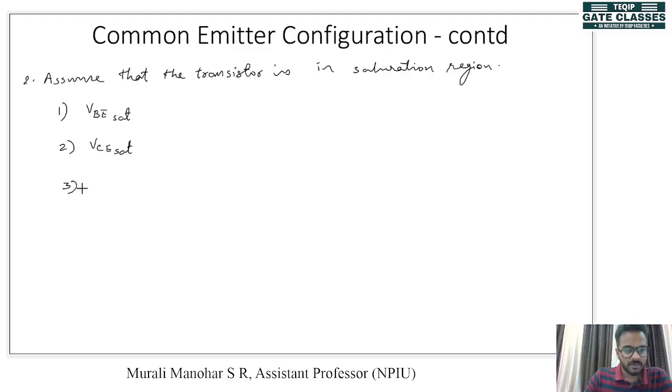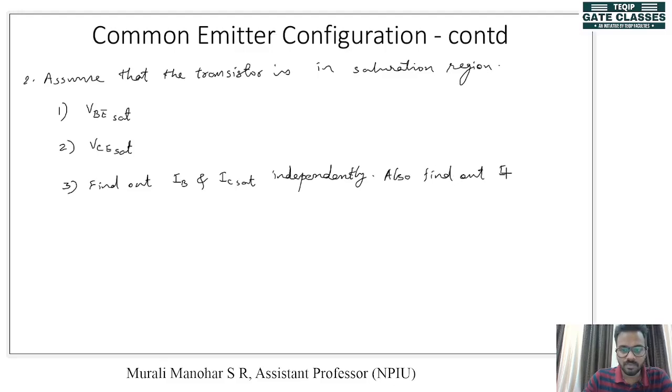Now, in the third step, find out IB and IC SAT independently, then find out IB min. IB min is given as IC SAT divided by beta.